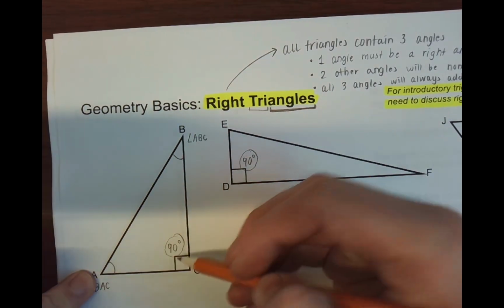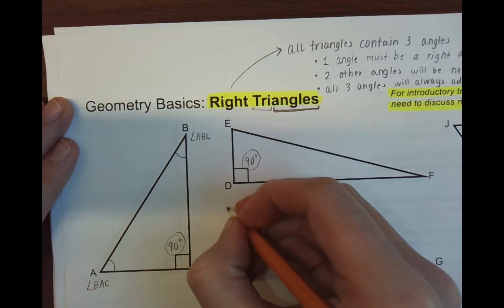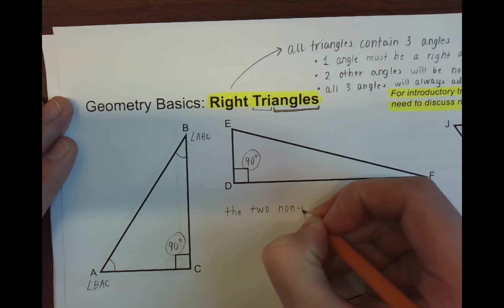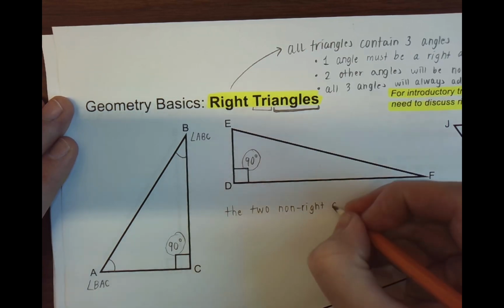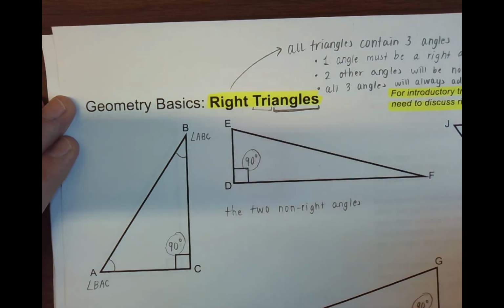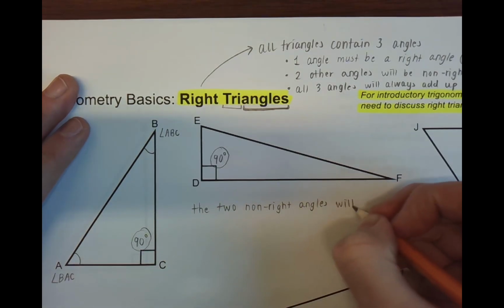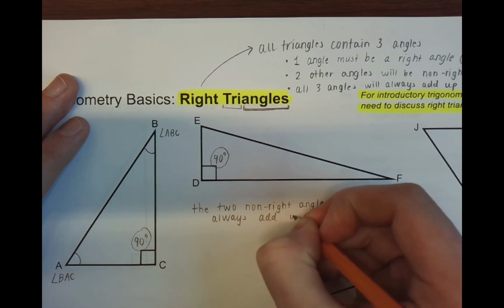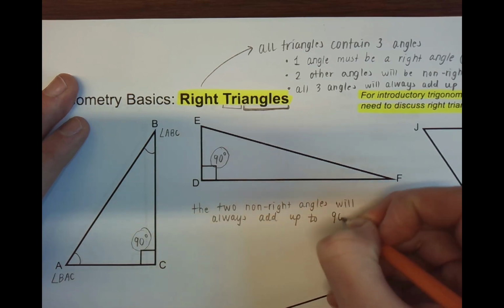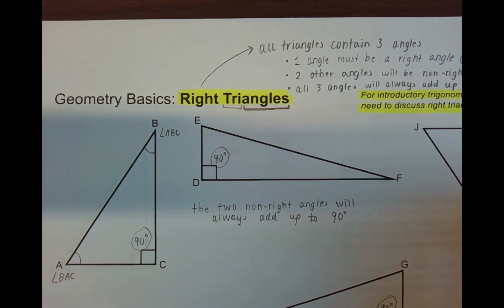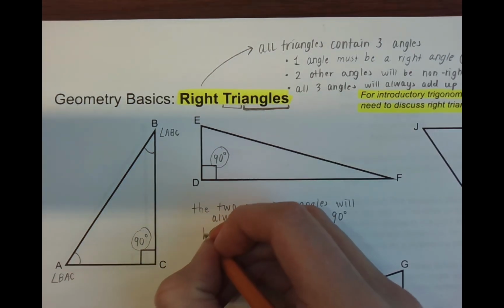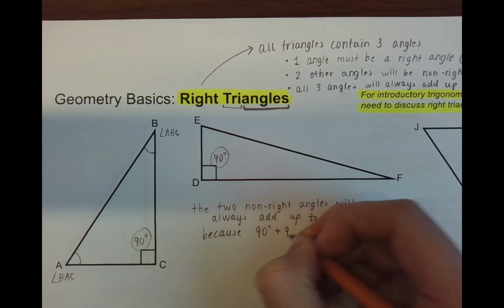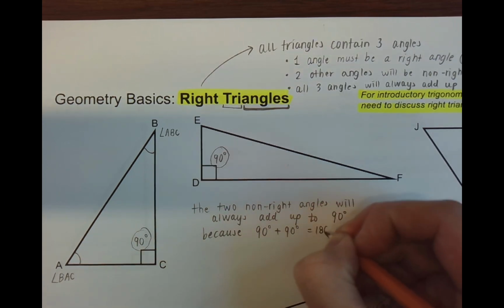The two non-right angles will always add up to 90 degrees, because 90 plus 90 equals 180.